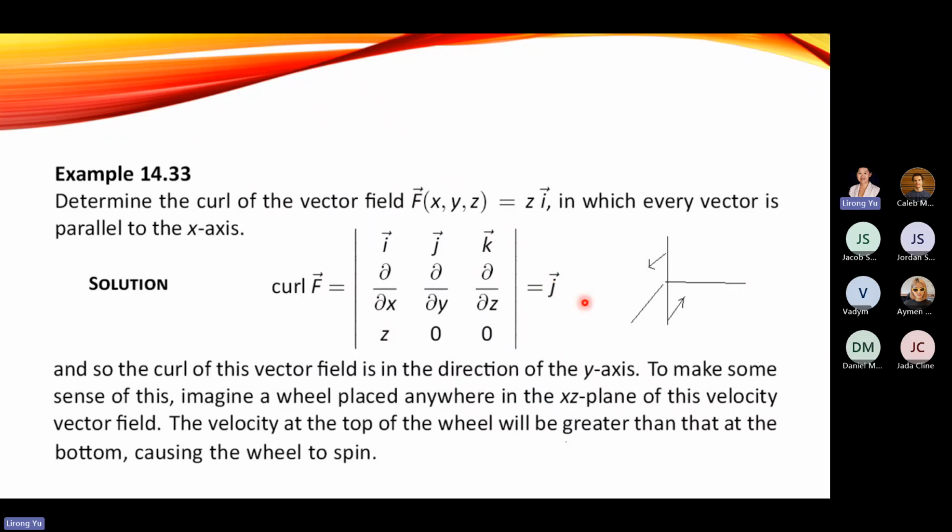The vector is parallel to x, but the curl is parallel to the y-axis. The curl of this vector is in the direction of the y-axis. This is 1 times j.